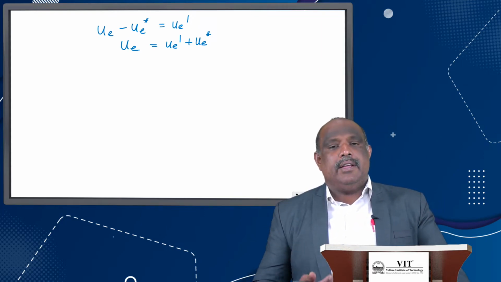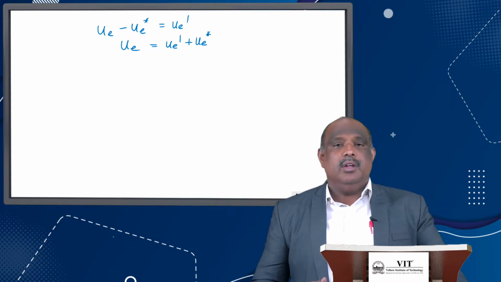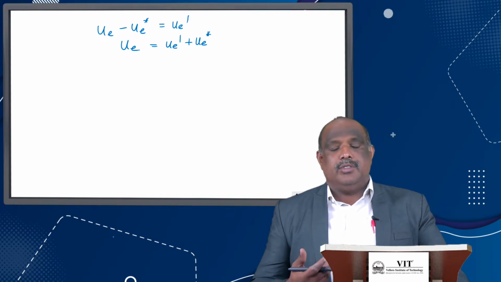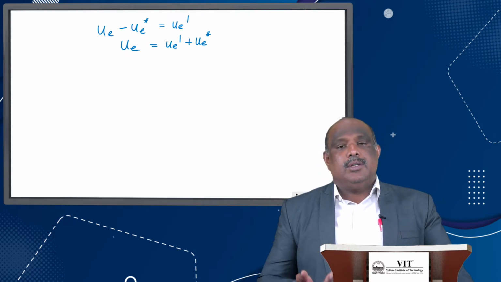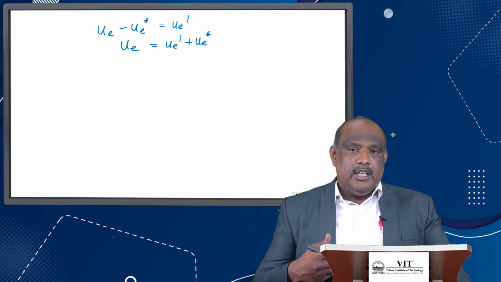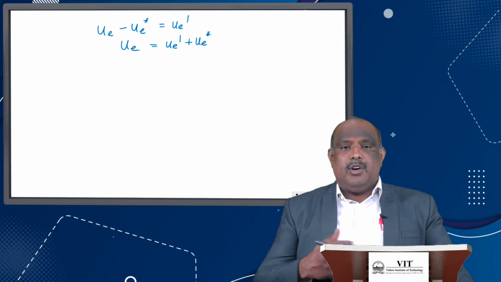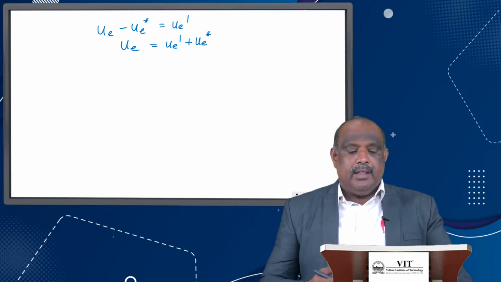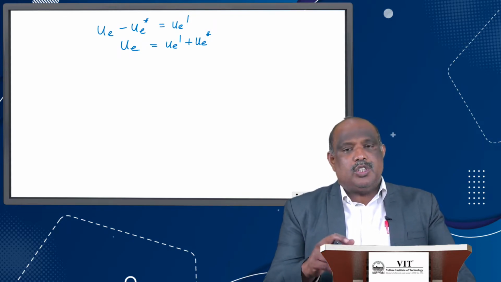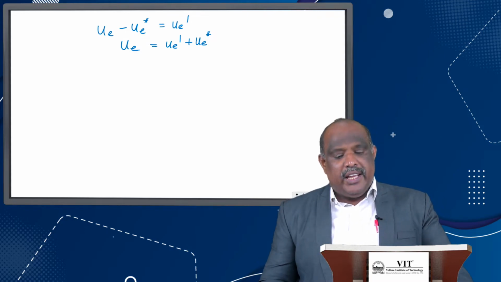Initially, Ue is the correct velocity, which we do not know. Then we assume a certain value of the pressure and get Ue star. Then I subtract these two equations and I get Ue prime. So Ue minus Ue star equals Ue prime, which means Ue will be equal to Ue star plus Ue prime.